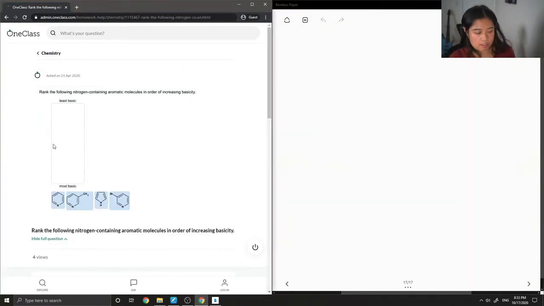Okay, so next it says to rank the following nitrogen-containing aromatic molecules in order of increasing basicity. Okay, so this is question number 7.